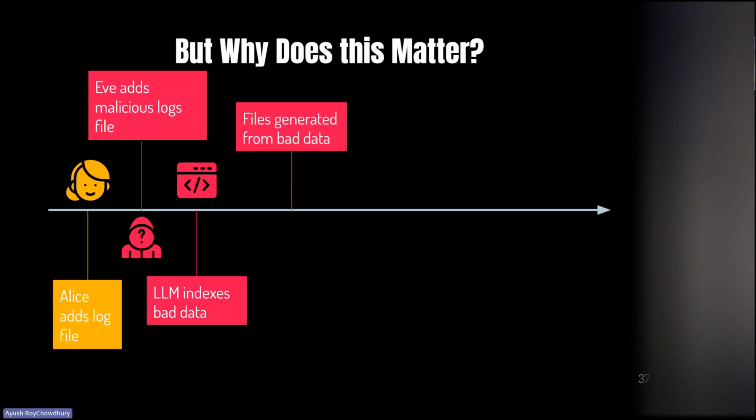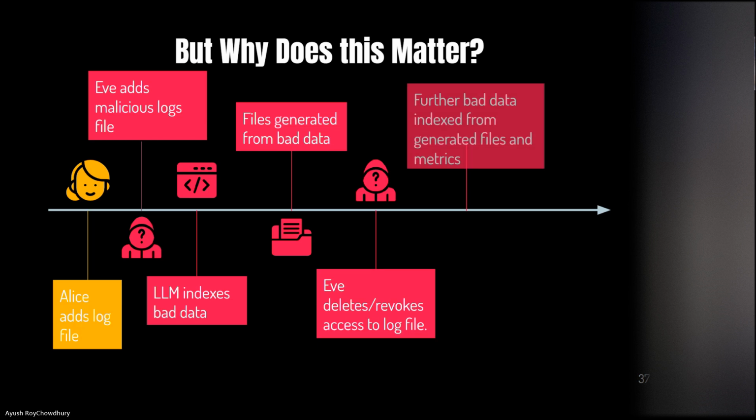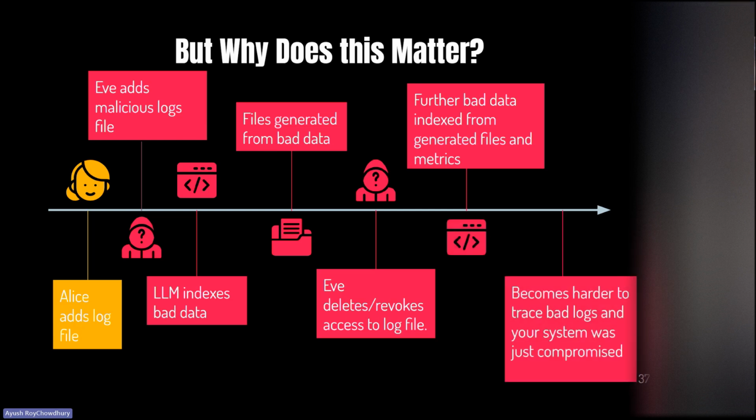There are further metrics that are generated from the bad data. And then this is the important part: when Eve deletes or revokes access to the log file, the further bad data or the metrics that are indexed or generated from the original log still persist, while it becomes harder to trace back to the origin and find out why your system has now just been compromised.